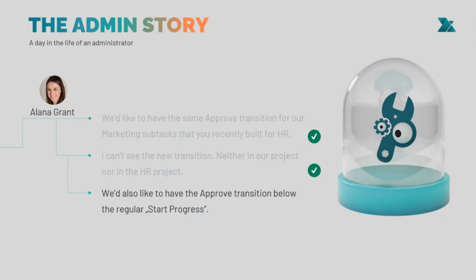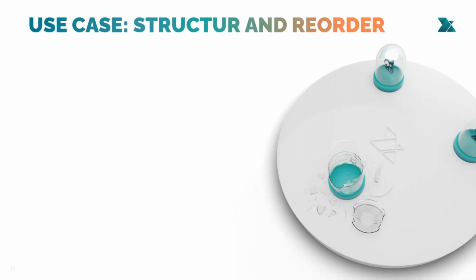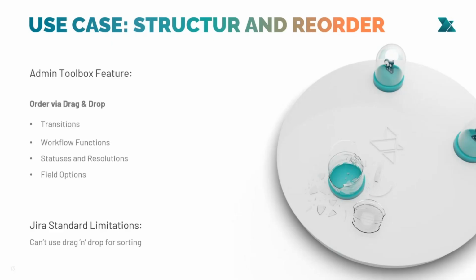So at the moment, the approved transition is at the lower end, and they want to have it right below the start progress. So the next one we are going to have a look at is structure and reorder. So we, as an Admin Toolbox user, can use the drag and drop sort for transitions, for workflow functions, as well as statuses and resolutions, which are mirrored to dashboards, like the order of that, and also field options.